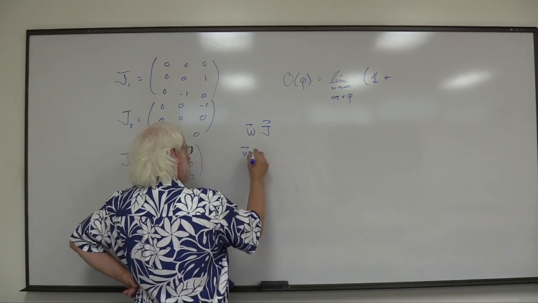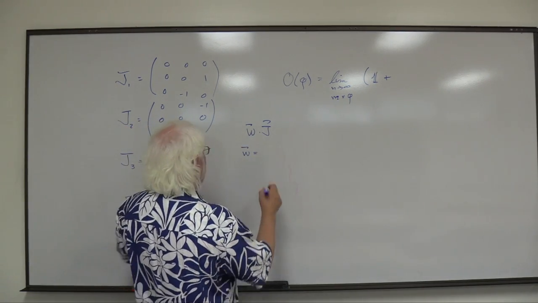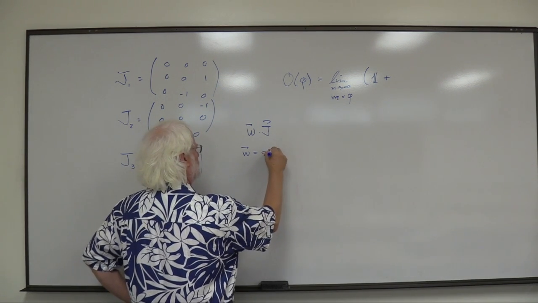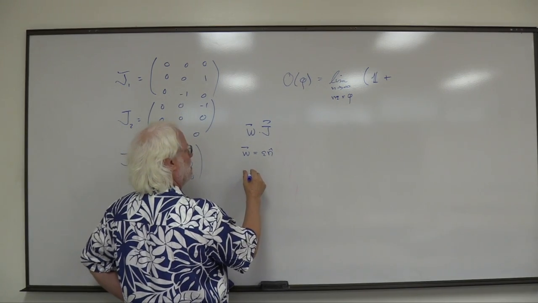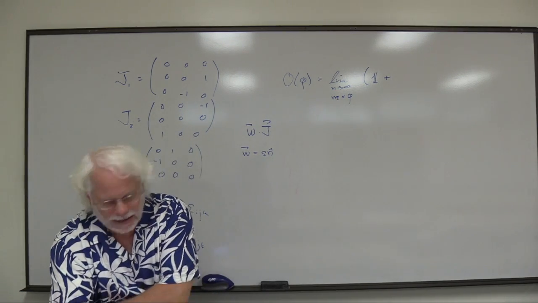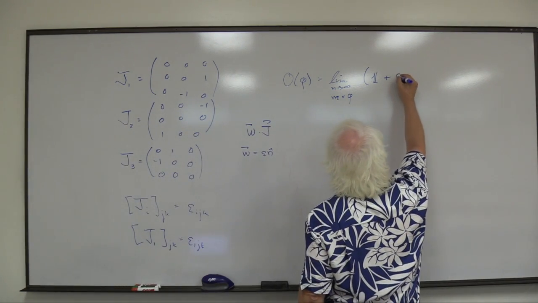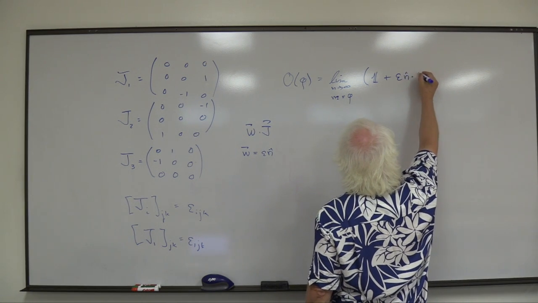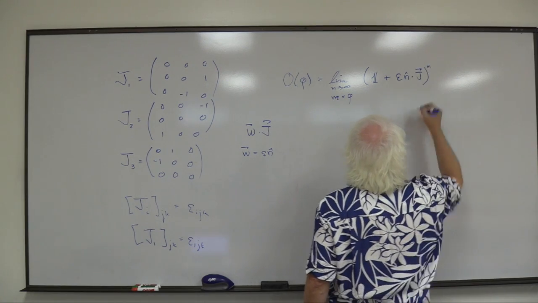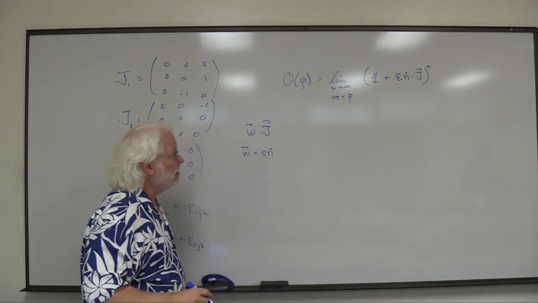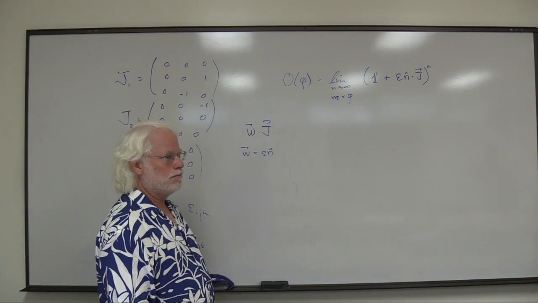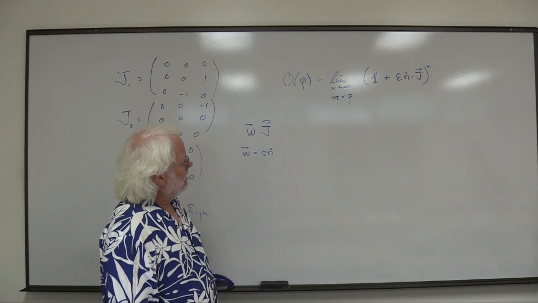For the infinitesimal case, W will be epsilon times some unit vector; in general, phi times some unit vector. So we have some linear combination of the J's times epsilon, and that infinitesimal transformation is raised to the nth power, and we take a limit.